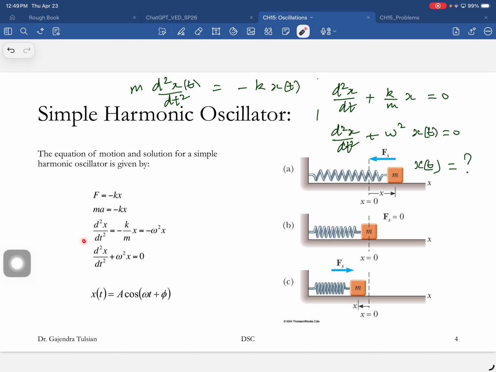This is a second order differential equation. The highest derivative is second order. If the highest derivative is second order, then you'll have two constants that are determined by initial conditions. So you'll have two constants that show up that are not in the original equation.